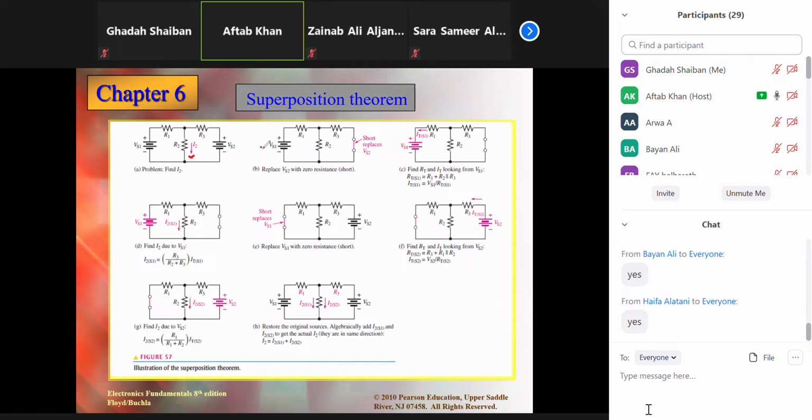So we are considering VS1 and another source, because it is a voltage source, it is going to be short circuit. All right. Now, after you make it short circuit, we still need to calculate this I2. So we can say this time this is I21. Why 1 am I saying? 1 means I am considering voltage source 1.